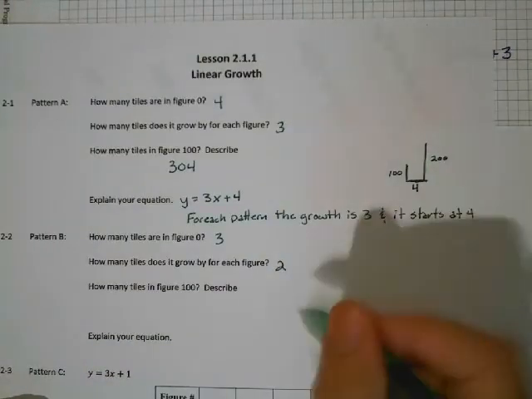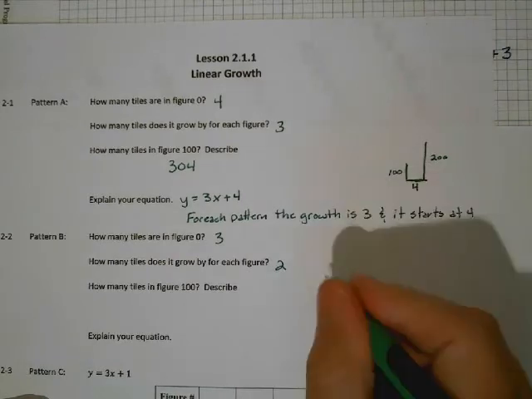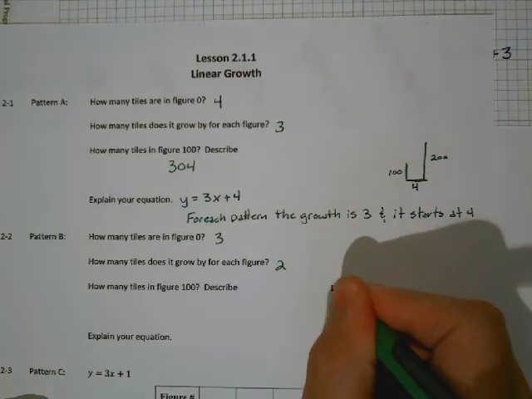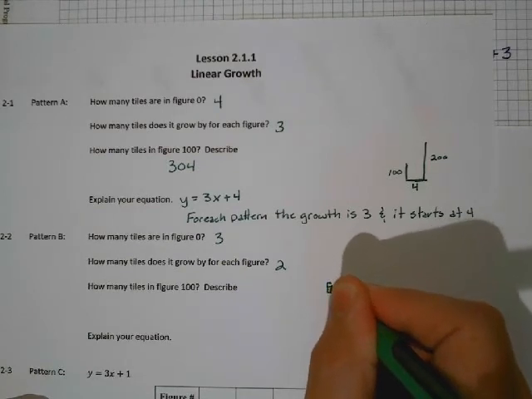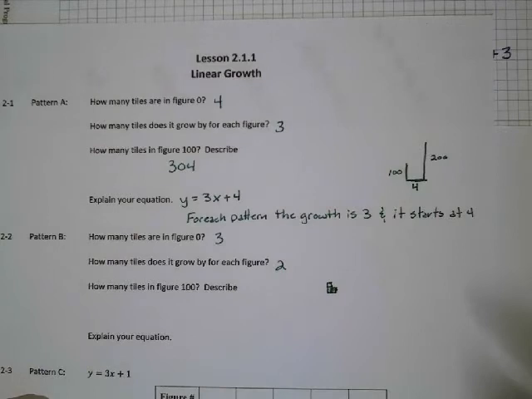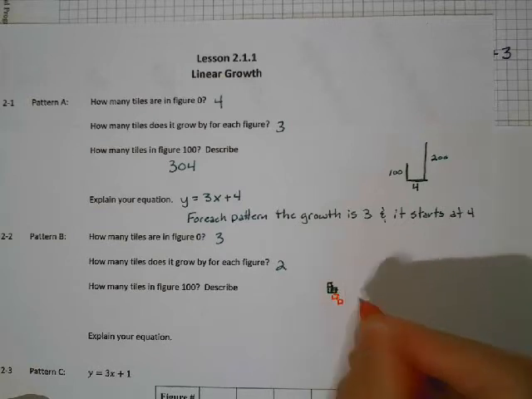So if I were to describe what was going on, I'd have 3 blocks right here. Those would be my starting blocks. And then I would get 100 of those.